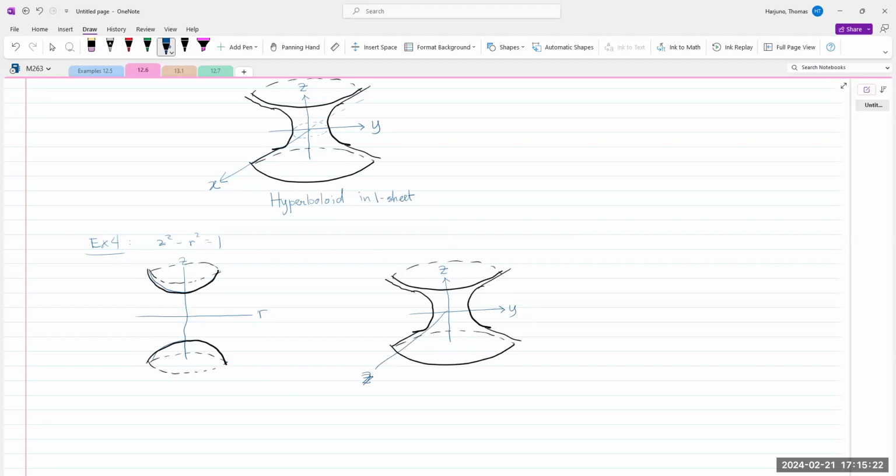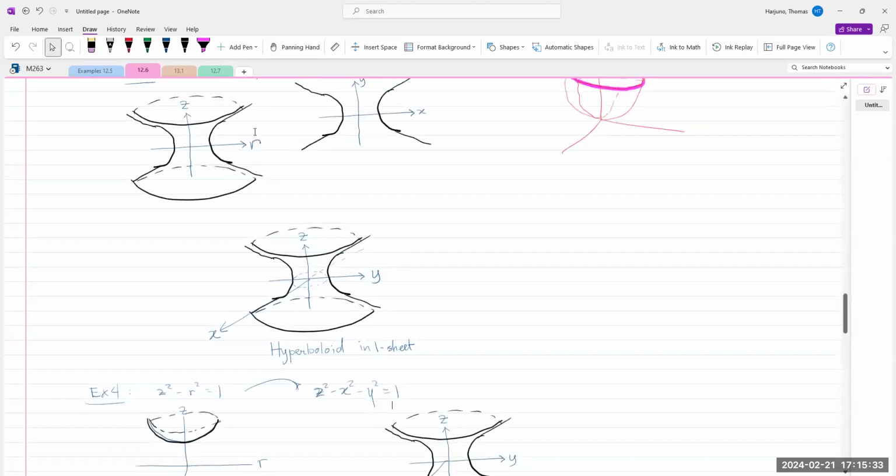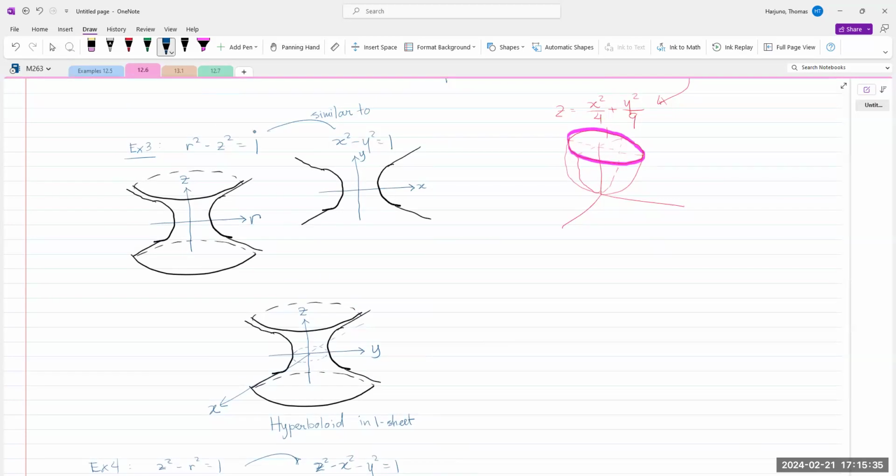I'm sorry, should be x. Okay, so the equation then becomes z squared minus x squared minus y squared equals to 1. The one up here will become x squared plus y squared minus z squared equals to 1.